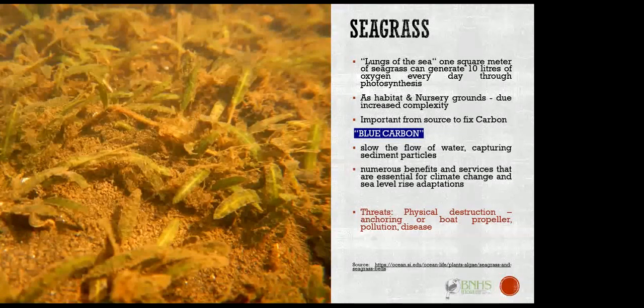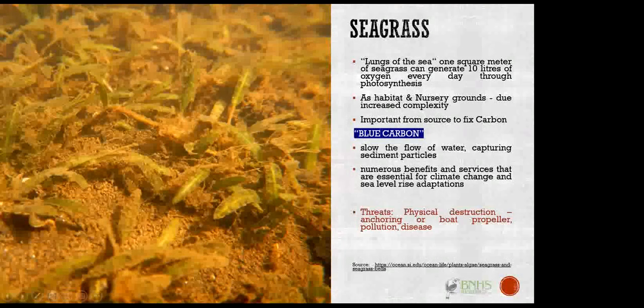What are the other importance of the seagrasses? Simply, they remain anchored to the substratum, so they slow down the flow of water and capture the sediment particles. Threats: physical destruction such as anchoring or boat propelling.